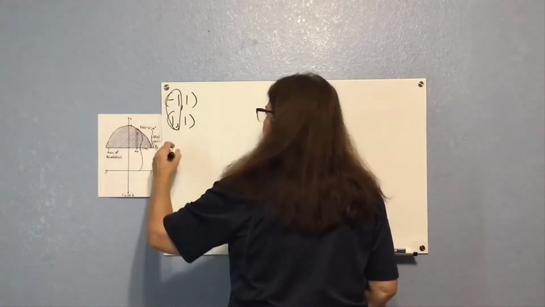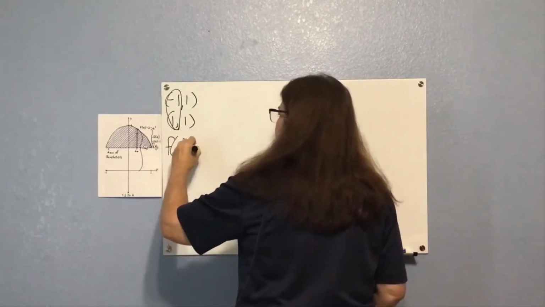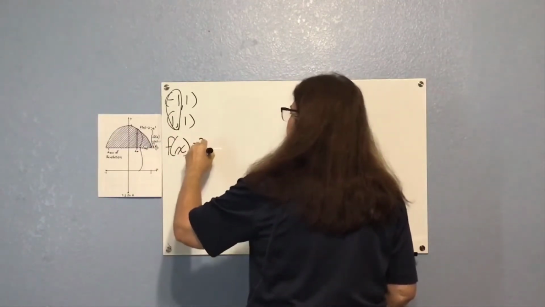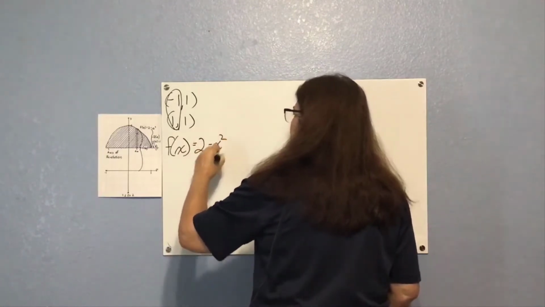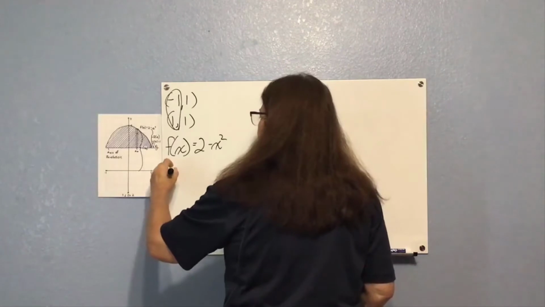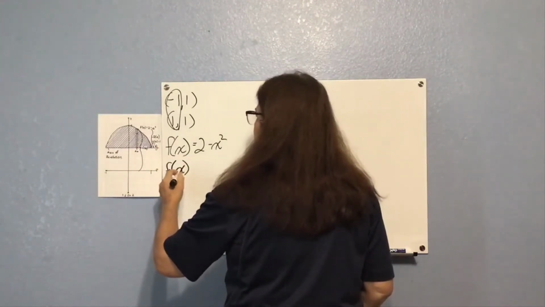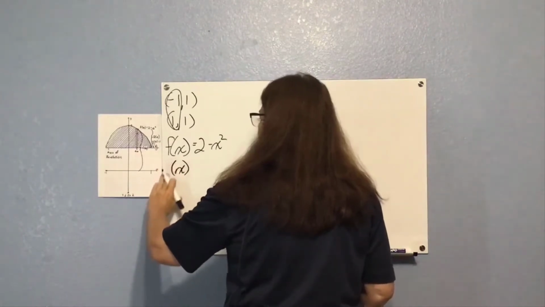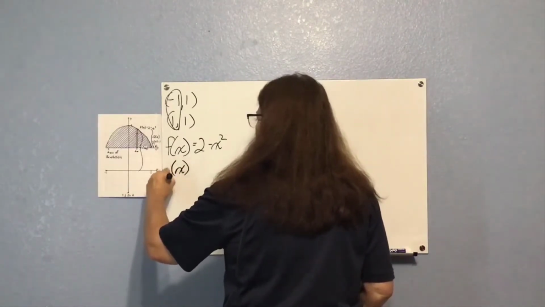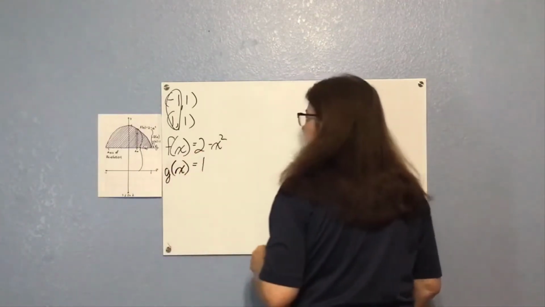For this top curve, f of x, the equation is 2 minus x squared. And then the axis of rotation, let's call that g of x, is going to be g of x equals 1.